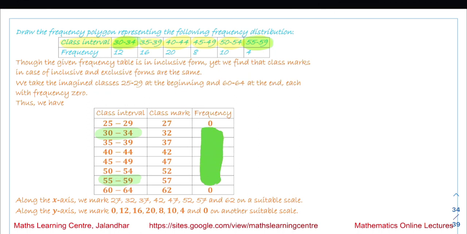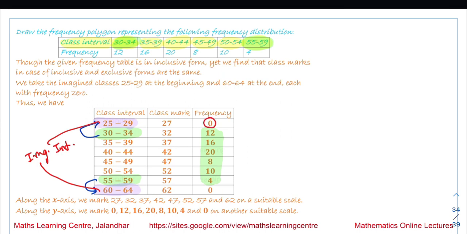Next, we have added an interval over here, 25 to 29, and after this we have added the interval 60 to 64. We have added these two intervals. These are the imagined intervals, and their frequencies are 0 and 0.